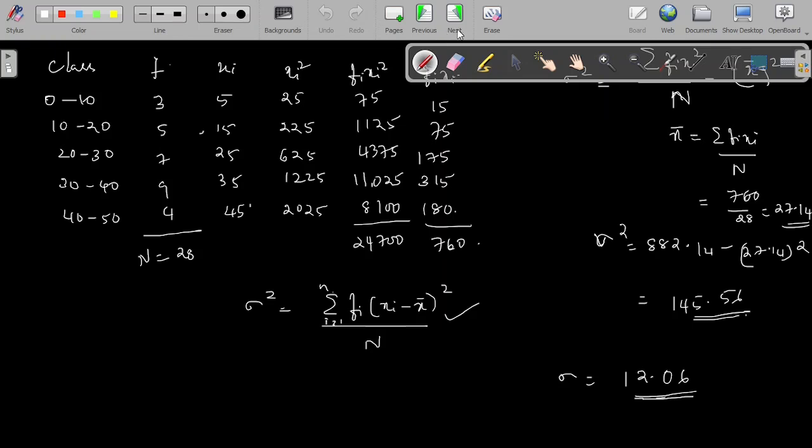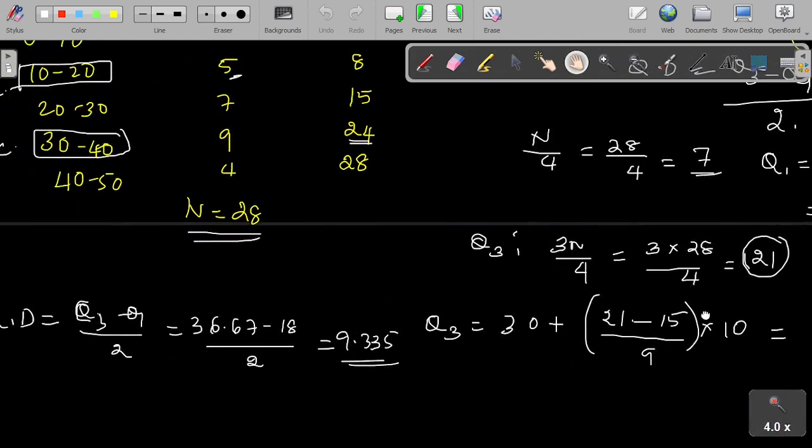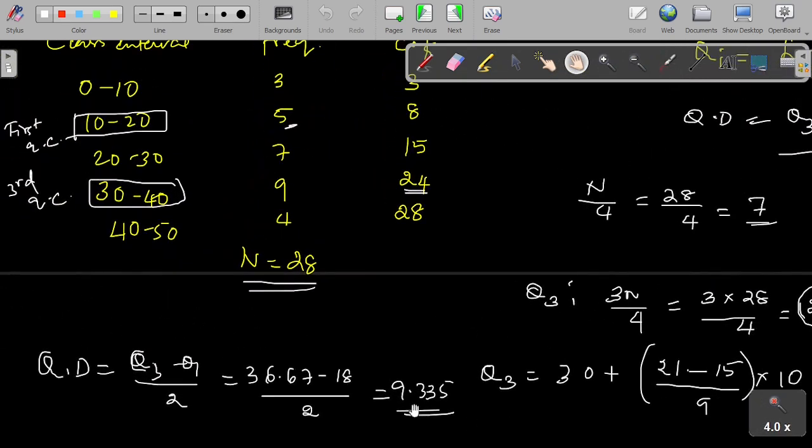So standard deviation is the best measure of dispersion compared to the other measures. In the case of quartile deviation, we got the deviation around 9.335. So the dispersion is increasing when you go with the better methods. Here it was 9.33. In the case of mean deviation, it was around 10. In the case of standard deviation, it was 12.